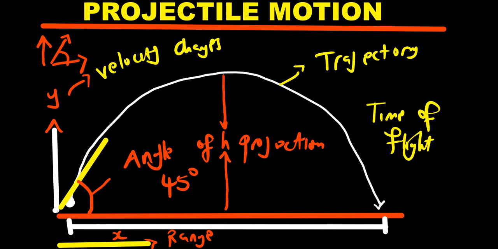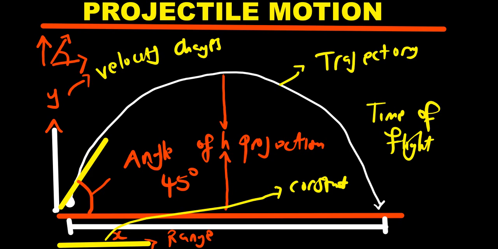But in the x direction, velocity will be constant. It will not be changing. Your velocity will just be constant, like that. So we have to also know that. That is very important for you to understand.